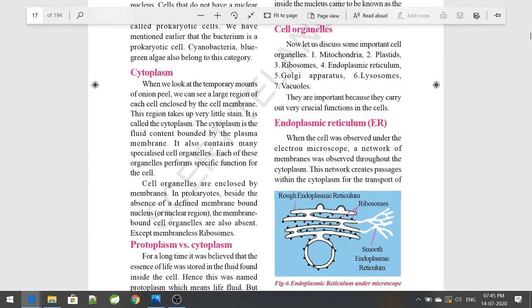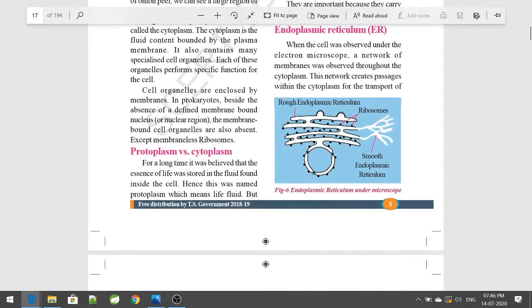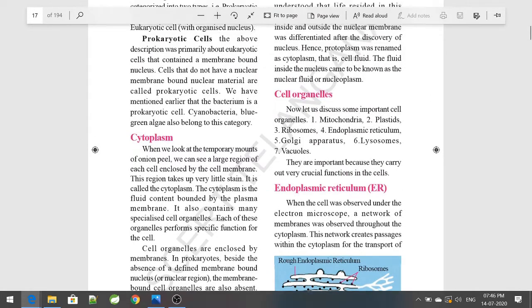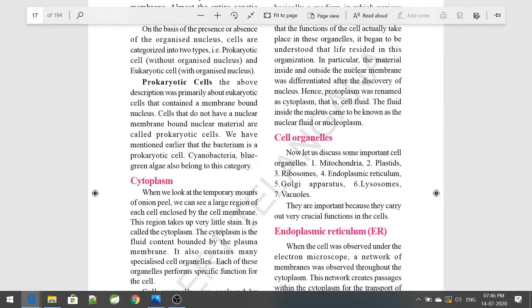You can just say that it is the fluid part inside the cell, which consists of all the cell organelles, which float inside the cell. So first it was believed that it was protoplasm, which is the life form, but after the discovery of the nucleus, it was confirmed that the nucleus is the life form, as it contains the genetic material.